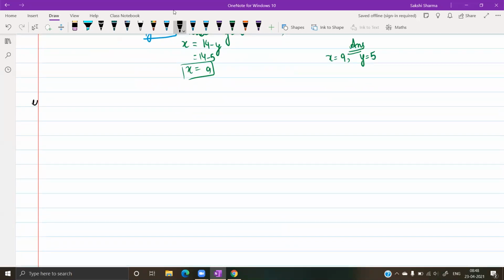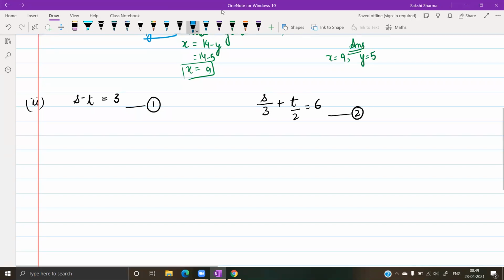Same question, second part. We have s minus t equals to 3. This is equation number 1. The other one is s by 3 plus t over 2 equals to 6. First equation is simple, very simple equation. If you want, you can modify equation number 2 by taking LCM here, and then change it to a simpler form.